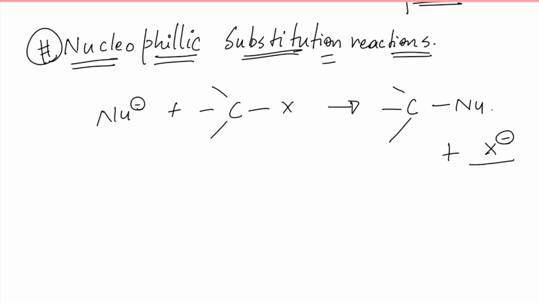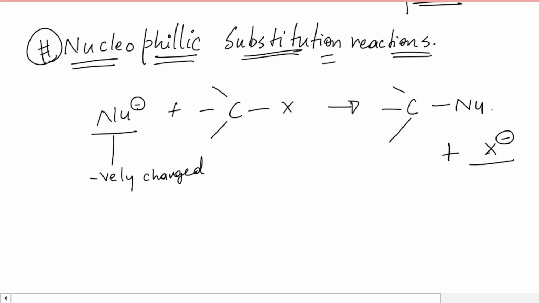So the nucleophile here can be negatively charged, and maybe neutral, or maybe sometimes positively charged too. Negatively charged like OH negative, aqueous KOH, this will substitute.